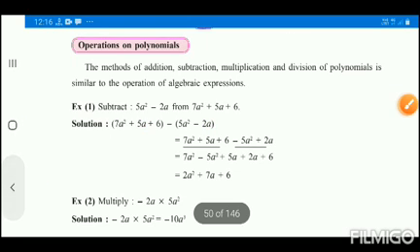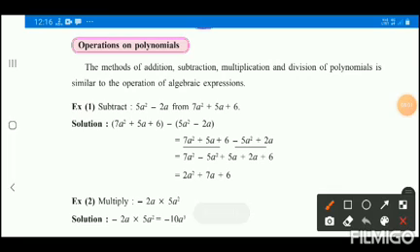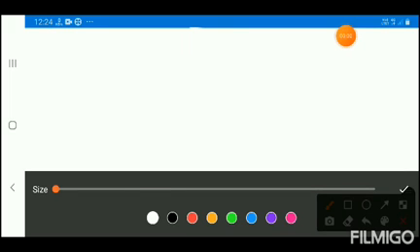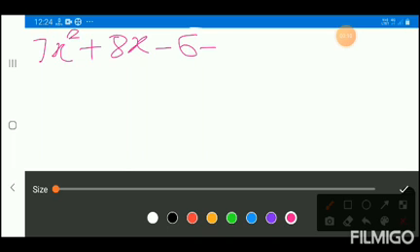Then the next step is 7x square plus 8x minus 6 minus 5x square plus 3x.